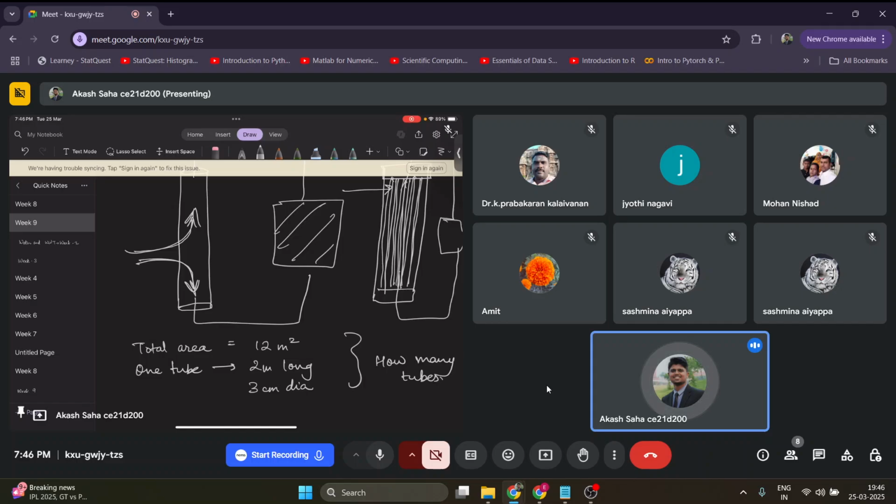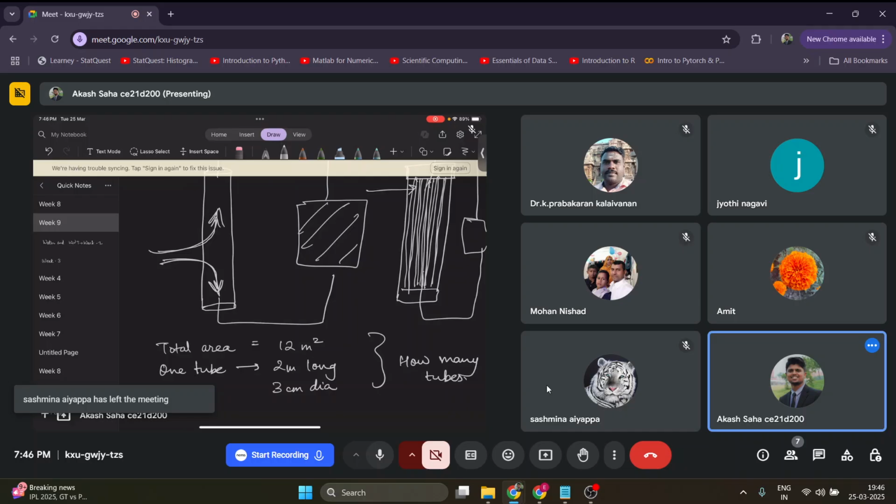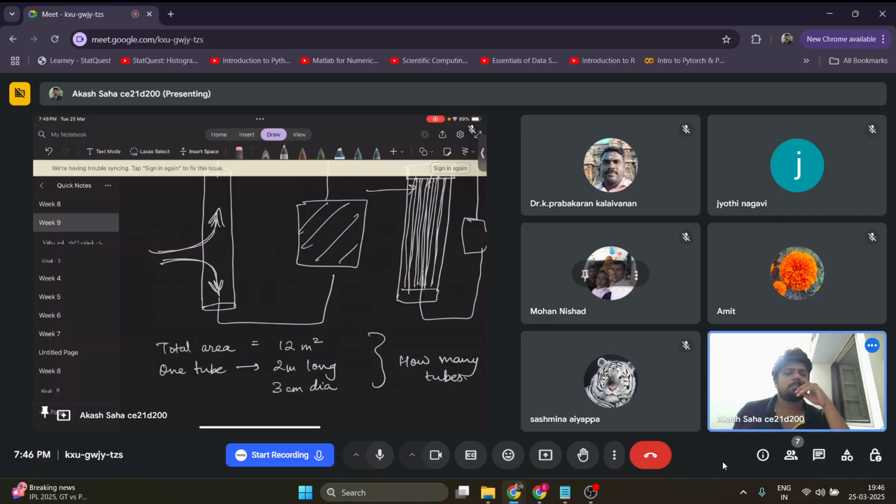So, what is the area of one tube? Can someone tell me what is the area of one tube? I would request you to answer. Please tell me what is the area of one tube, rather the surface area.